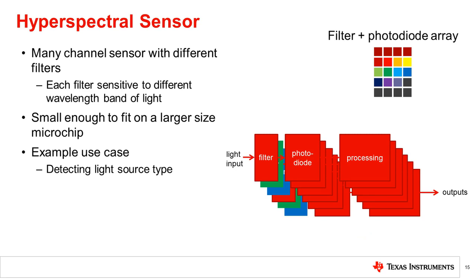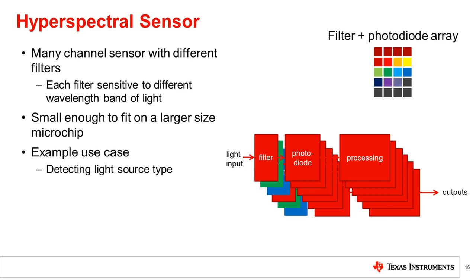In order to measure many spectral bands in a small form factor, many channels with different bandpass filters are typically integrated into a chip, eliminating the need for a diffraction grating. These hyperspectral sensors typically have a wider bandwidth compared with spectrometers.